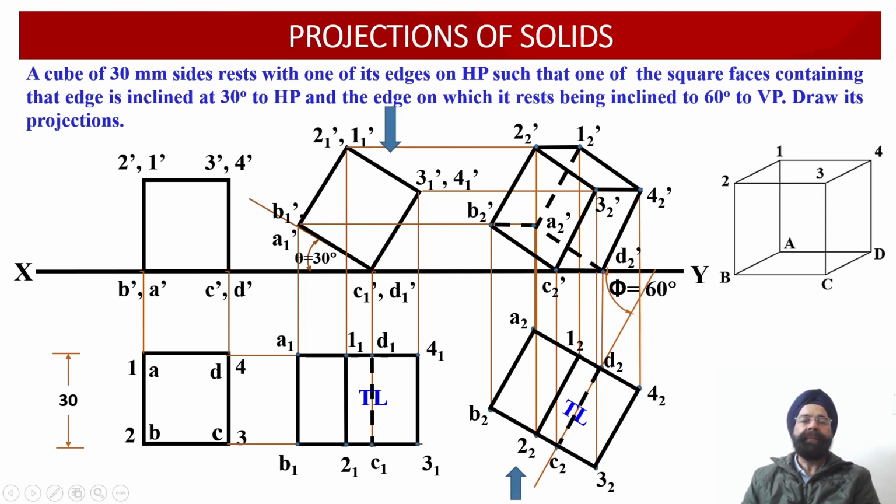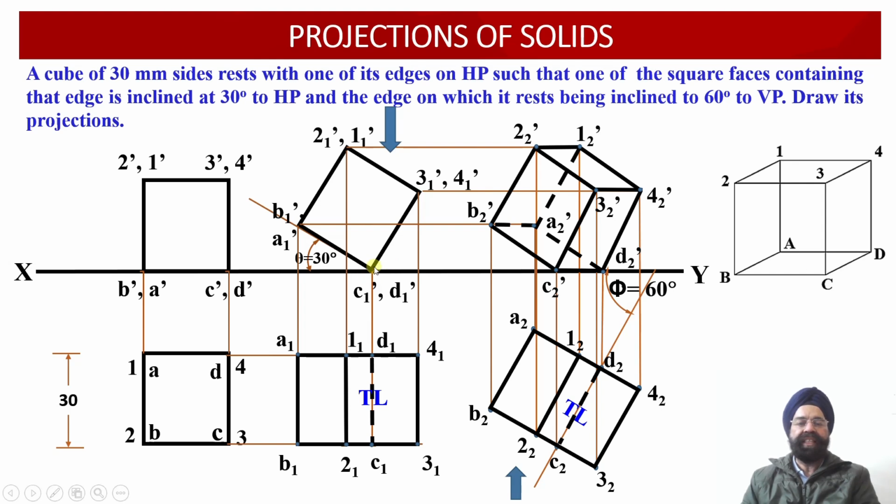So this way we have been able to obtain the front view projections as well as the top view orthographic projections of an oblique cube which happens to be inclined at an angle of 30 degrees with respect to the horizontal plane, and the edge onto which it is resting on the ground, that is the edge CD.